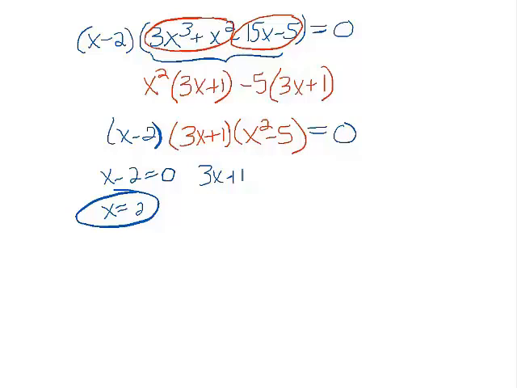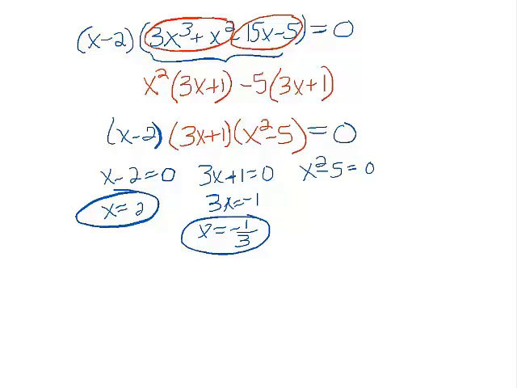Here, one of my solutions is going to come from this linear factor, so x equals negative 1/3. And then this quadratic, I think it's just easier to solve by getting x by itself. So if I square root both sides, x equals plus or minus root 5.